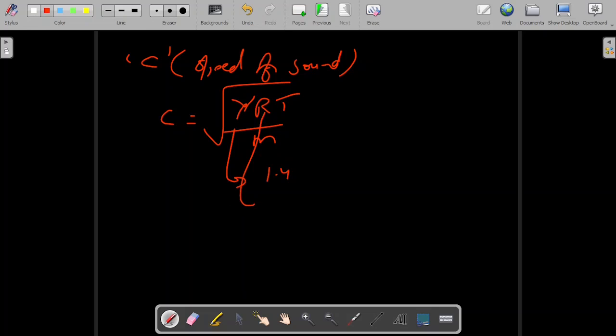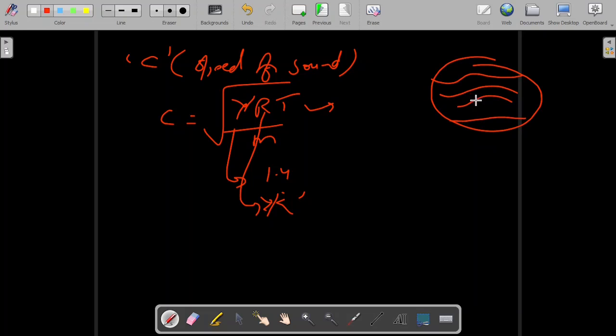R is the gas constant. I'm not sure about the value, is 283 or something. It's also a constant, K. And T is the temperature of the surrounding, which I kept telling on the previous page. So T is the temperature of that surrounding.